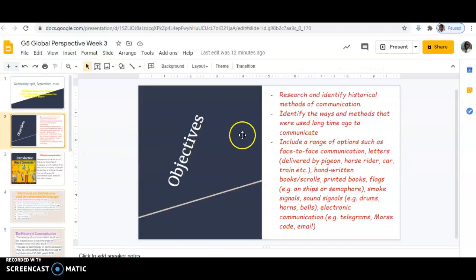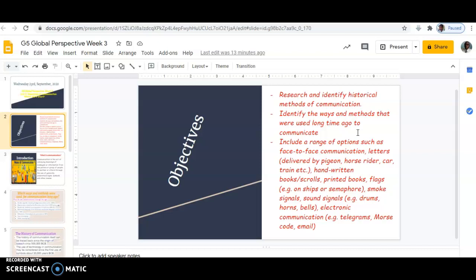In this lesson, the objectives that we'll be looking at: one, we'll research and identify historical methods of communication, the ways and methods that were used a long time ago to communicate.